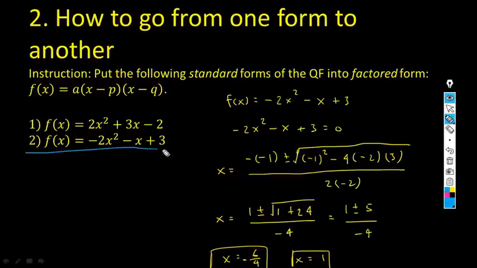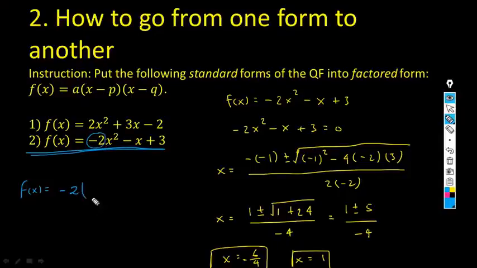So this function, which is in the standard form, can be written down in the factor form in this way. We began in this way. f of x equals my first number, this number in here, which is always the coefficient of the x squared. In this case, it's minus 2.